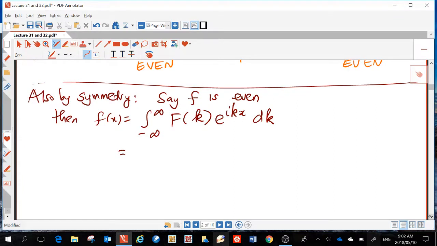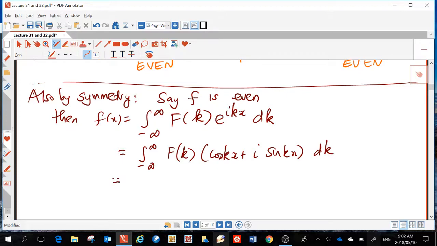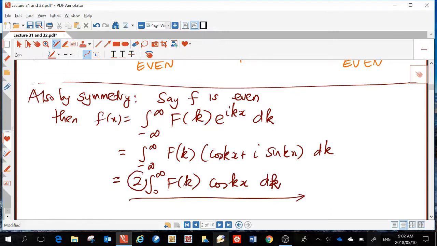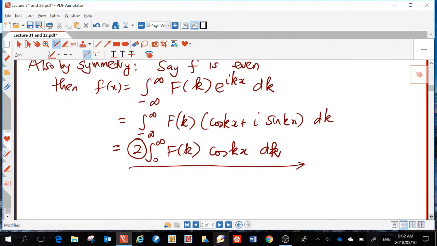I want to arrive at a definition that's suitable to us. Minus infinity to plus infinity, F of k, cos kx plus i sine kx, same thing, dk. Again, odd and even story. So we can double, integral from 0 to infinity, F of k cos kx dk. You see that 2 there, and the 1 over 2 pi on the top.